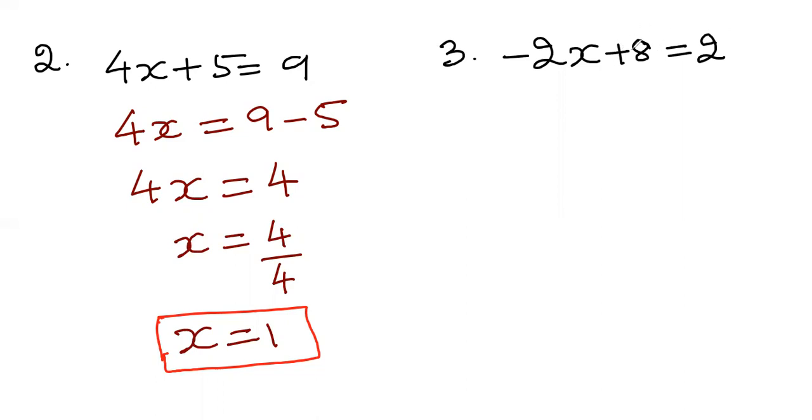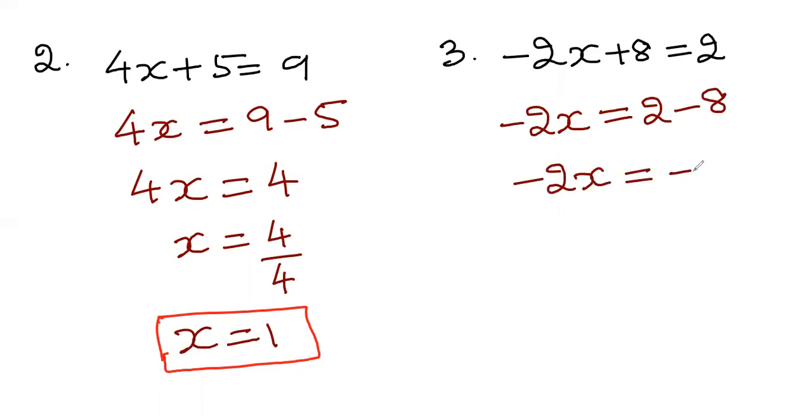So it's plus 8. When it goes on the other side, it becomes minus 8. So negative 2x remains as it is, equal to 2 minus 8. So 2 minus 8 is minus 6.